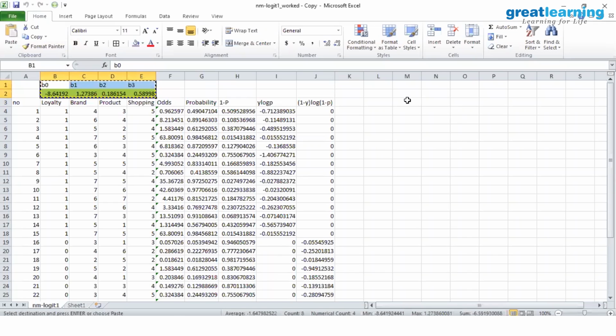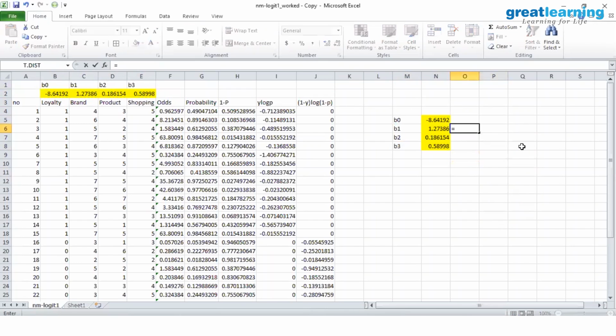If I just copy this and paste it over here, yes, how are you going to interpret the coefficients? I think it was mentioned, right? The coefficients are interpreted by the exponential term.